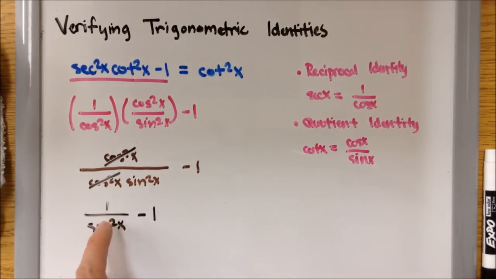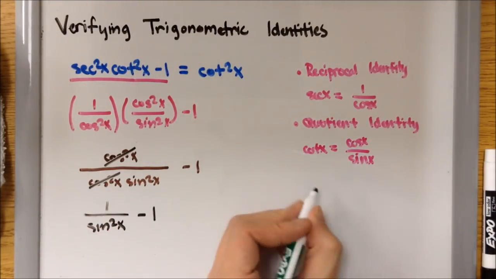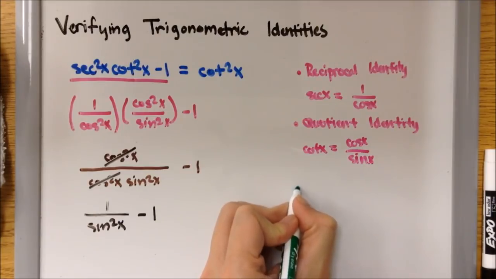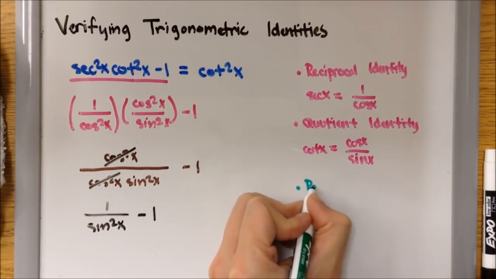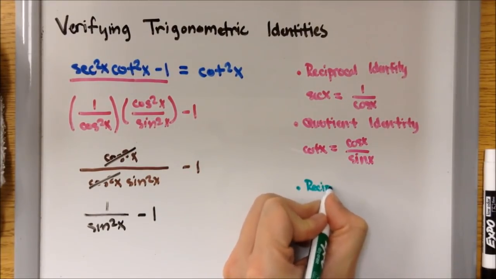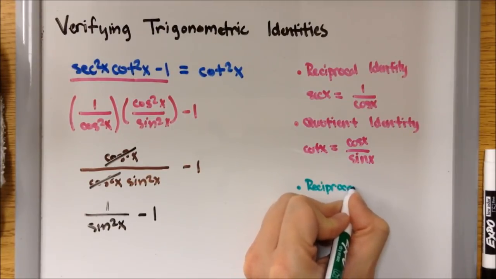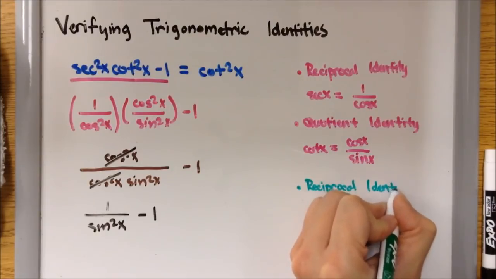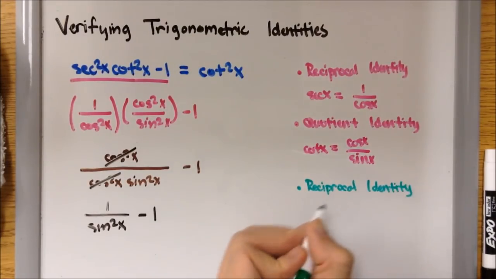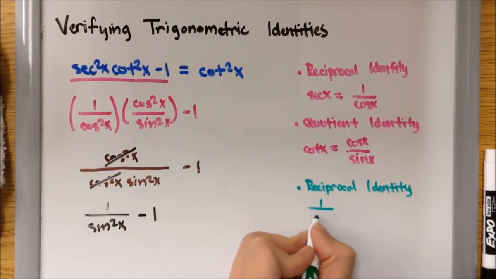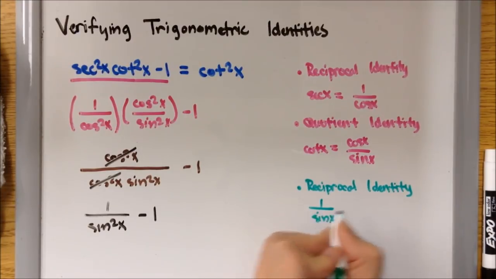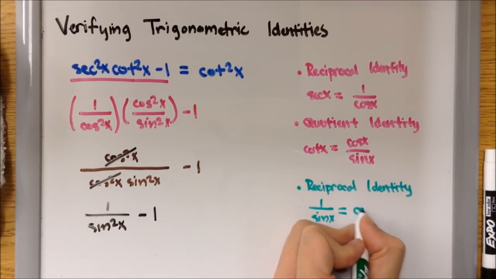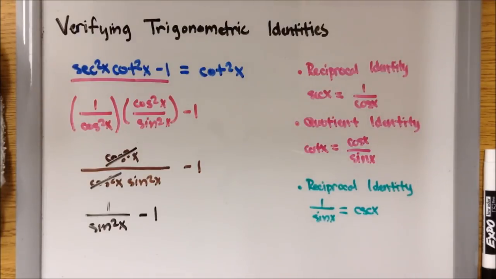So continuing from 1 over sine square x, I'm going to apply another identity, the reciprocal identity, which is 1 over sine x is cosecant x.